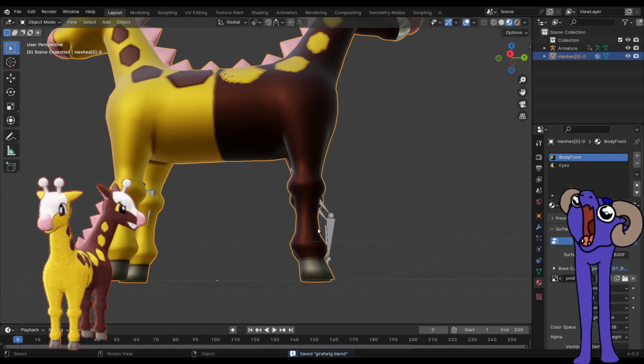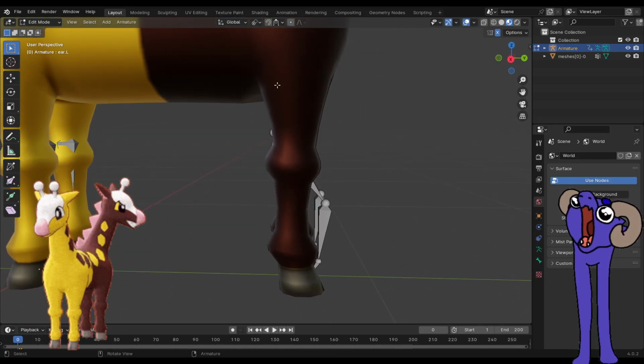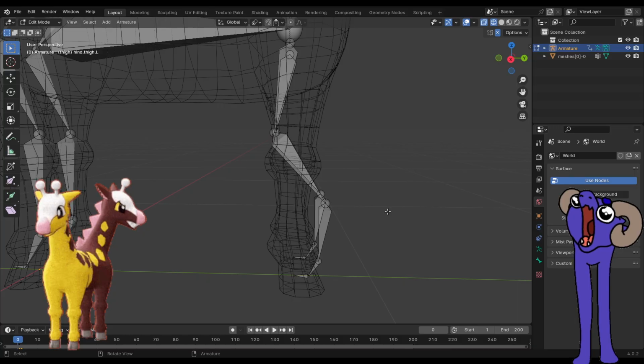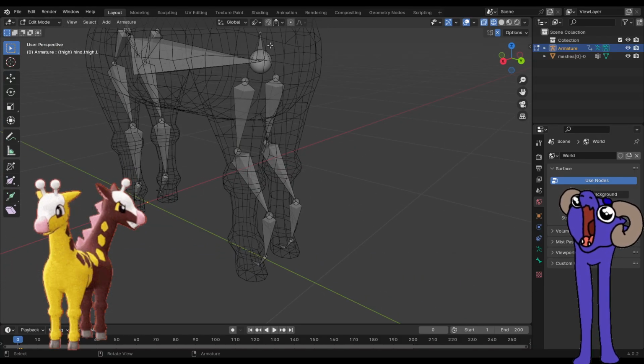The only thing really left is these backbones need to be aligned better to the body, because currently they're not, and that's not the fault of the model.